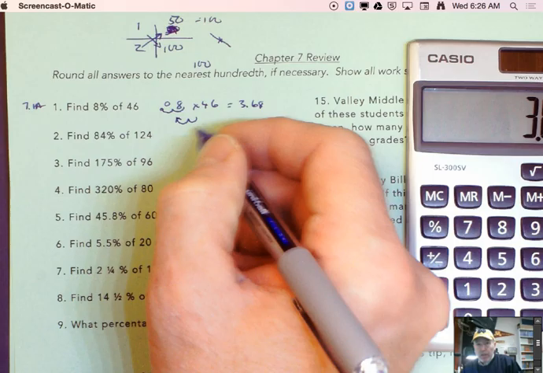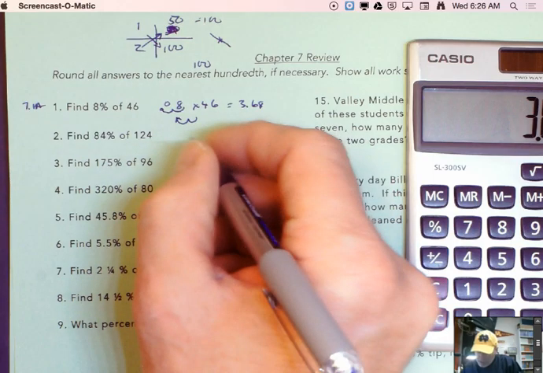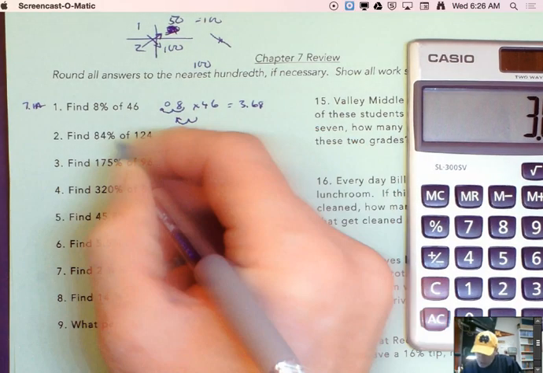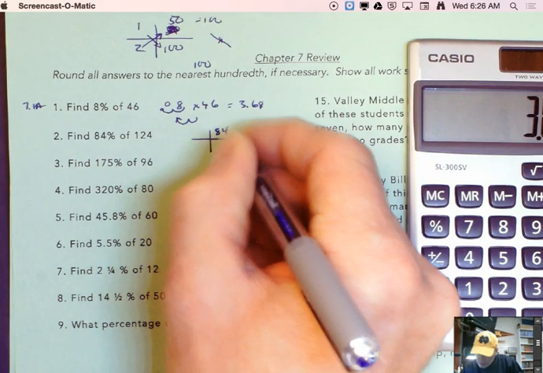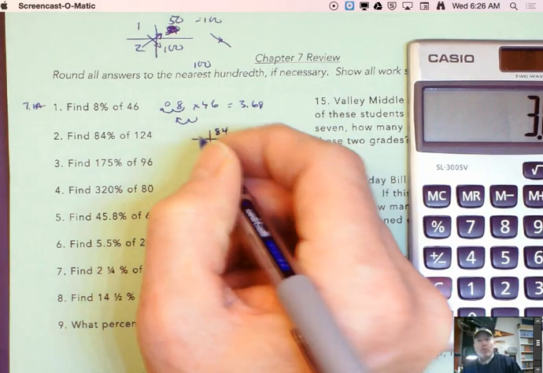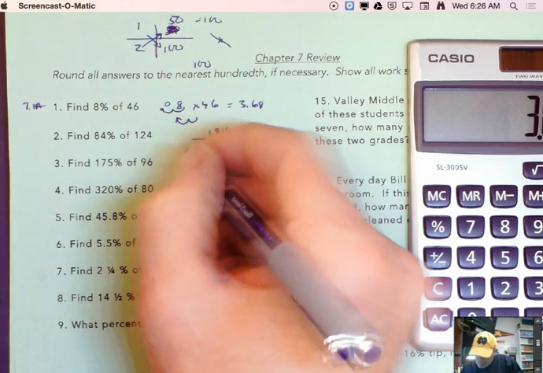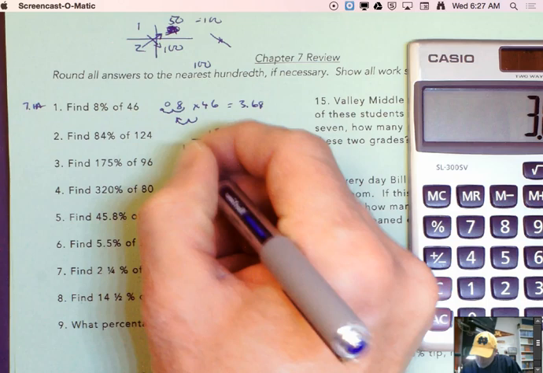Let me show you how you do a problem like this with the box. And the box really does the same thing. It just divides at the end. So you put 84% over 100, because that's what 84% is. It's 84 parts out of 100. And then you put the "of" 124, you put 124 right down here.